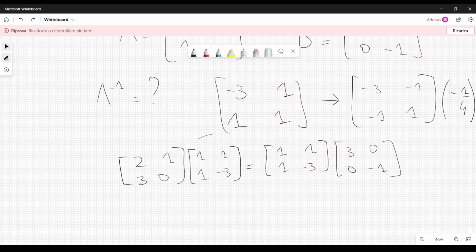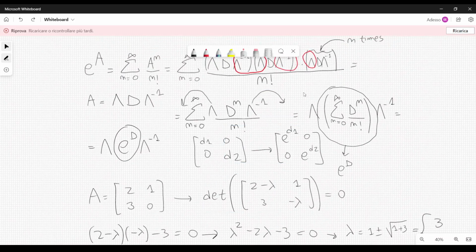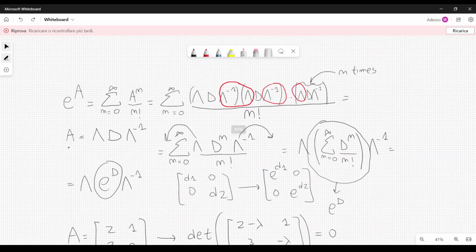Or if you want, we can take the inverse of this and put it here, and we will find the equation A equal to lambda times D times lambda inverse, which is something that must be satisfied. Here you can see the equation that we have to comply with.